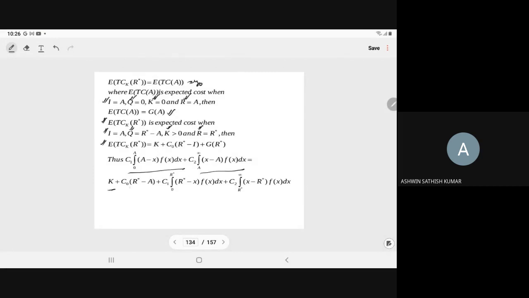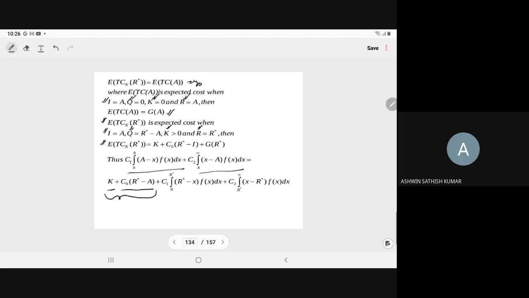And here we have K plus C naught into R star minus A. This factor will come when we are placing an order, otherwise we have only the holding cost and the shortage cost.